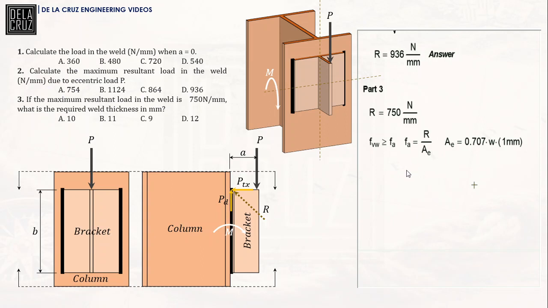Okay? So, ito, para mas simple tingnan, we can say that the FBW is equivalent to FA is R. So, yung R natin here is 750, divided by the area, 0.707, multiplied by the weld thickness, which we want to calculate per mm. Okay, I hope that is clear. So, mas maganda, i-cross multiply natin yan para makuha natin yung weld thickness, required weld thickness.